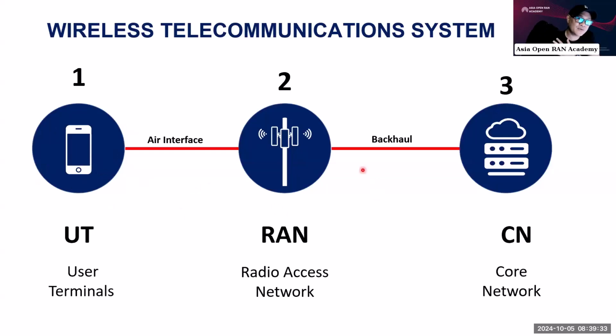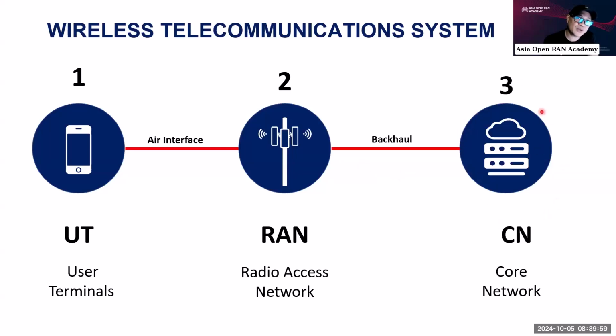Now, of course, for the radio access network, if the operator is not upgrading to a 5G system, then subscribers also will not have 5G services. Okay, so if the radio access network is only using an LTE network, the operator needs to upgrade it into a 5G system. And the same thing goes for the core network.